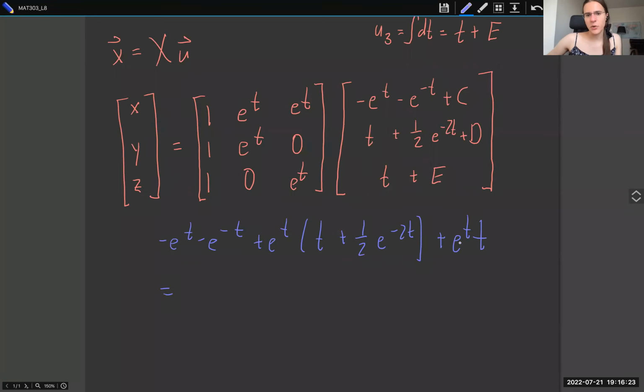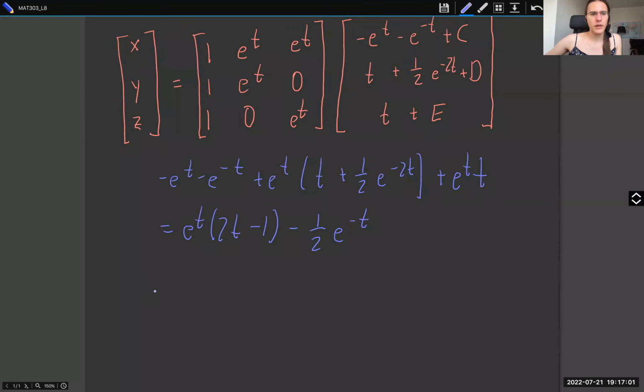So e to the t is there's going to be two t's from here and from here. And then there's also going to be this -1. Then for e to the minus t, we have a -1 and then a plus 1/2, because this t times this is e to the minus t. So overall, we get a minus 1/2 e to the minus t. And that accounts for all of the entries.